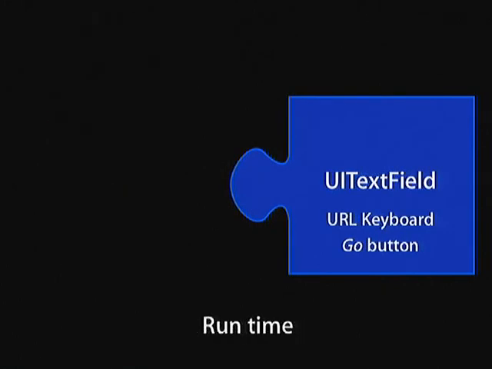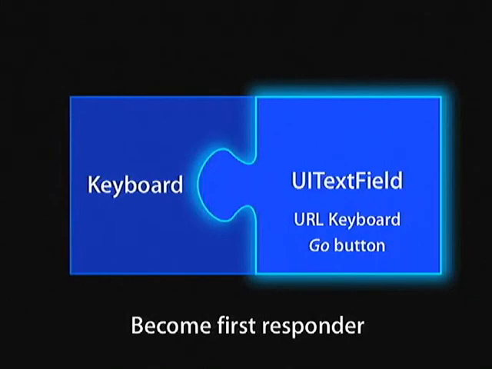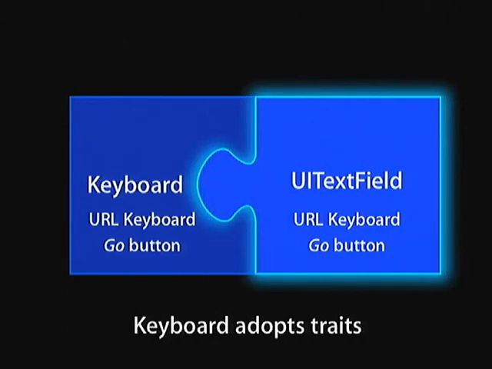And then at runtime, when the keyboard actually comes up and this text field becomes first responder, which means it's the object that is going to get first crack at handling things like keyboard presses and all that, it and the keyboard do this little dance, and the keyboard adopts the text input traits of the text field. So you're never interacting with the keyboard directly.